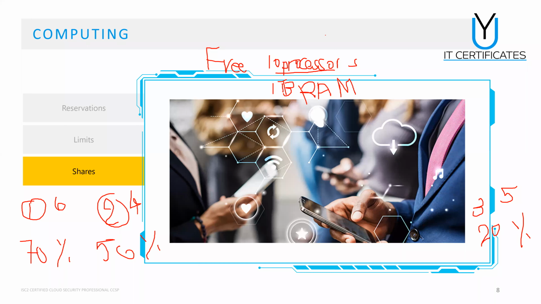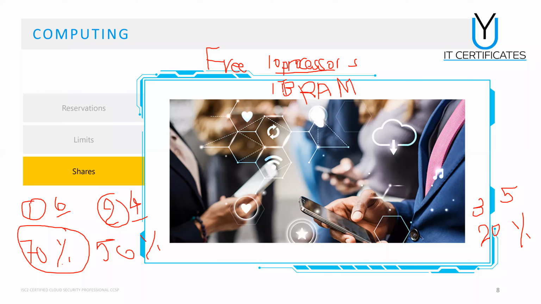Is it distributed based on the number of processors they require? If customer 1 requires 6, then I provide him, for example, 3, and this one requires 4, I provide him 2, and so on? No. Cloud service providers do not consider this concept. What they consider is the share. They will check the share value.